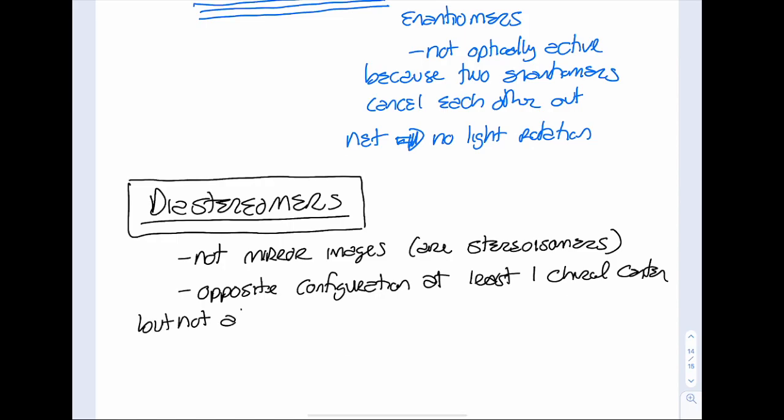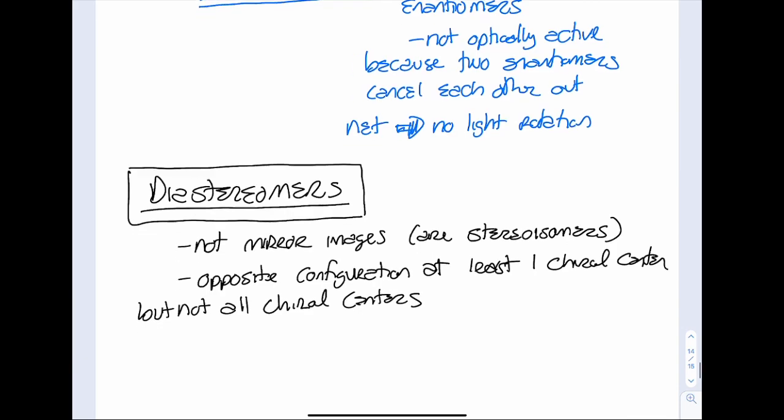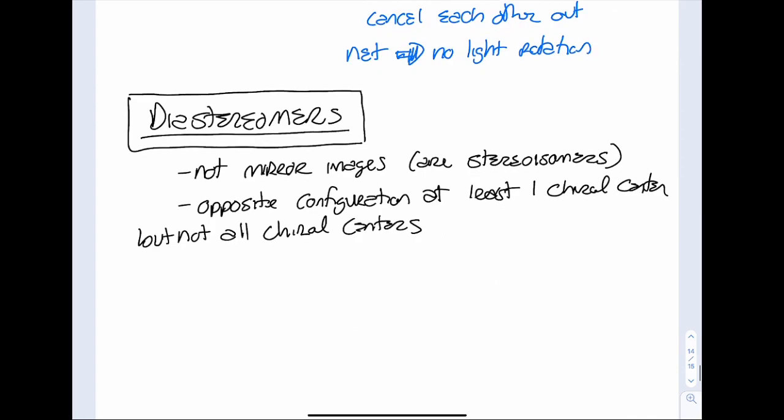But not all chiral centers. Right? If it was all, they would be enantiomers. If it was the same at all, they would just be the same. So opposite configuration at least one chiral center, but not all chiral centers. We do need to have at least two chiral centers.